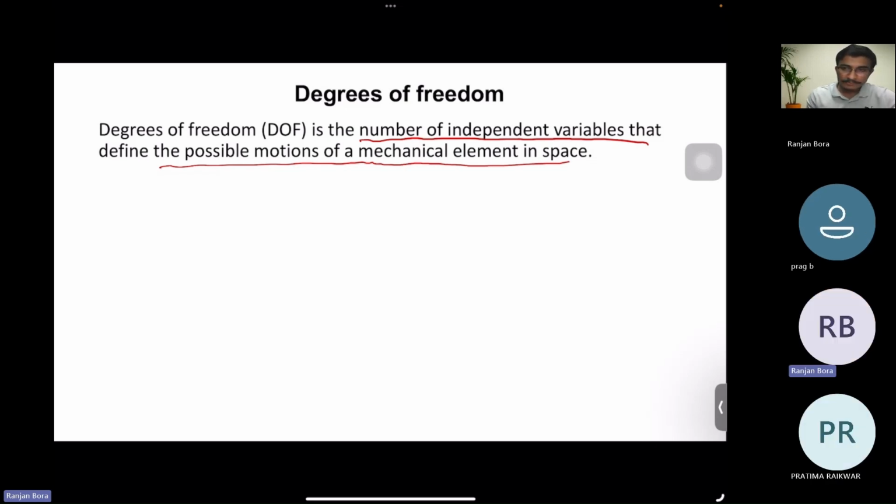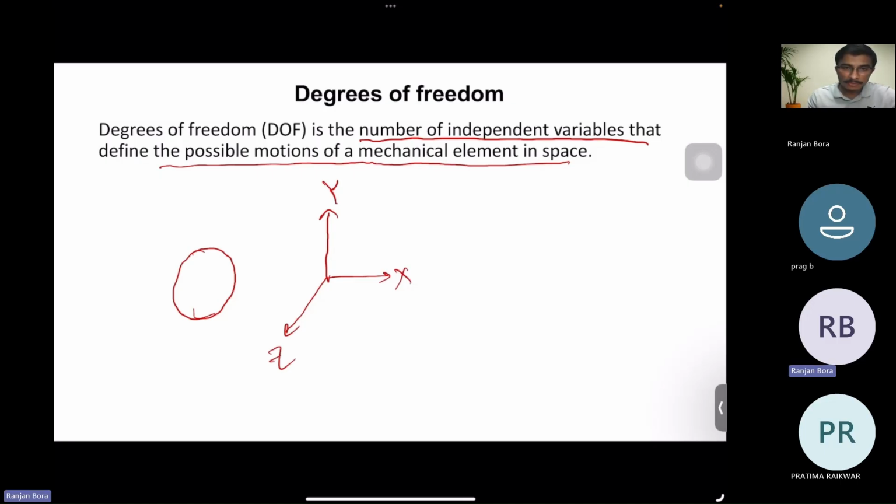Like, we'll assume that the mechanical element is represented by this ball. So now it is in space. Space means in the air, meaning nothing is constraining its motion. Considering the three dimensions, how many degrees of freedom does this ball have in its present state?